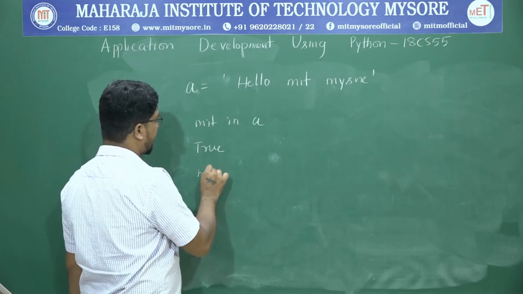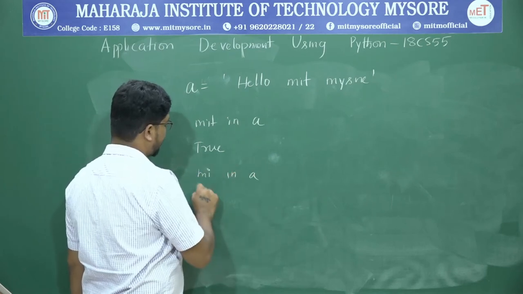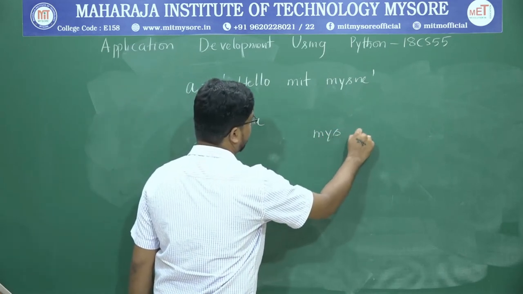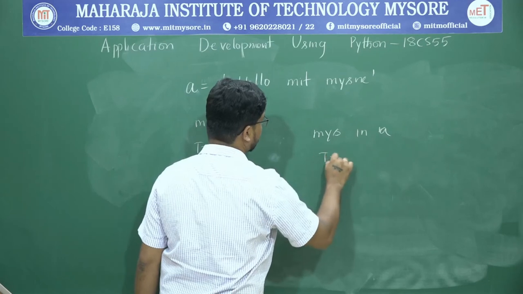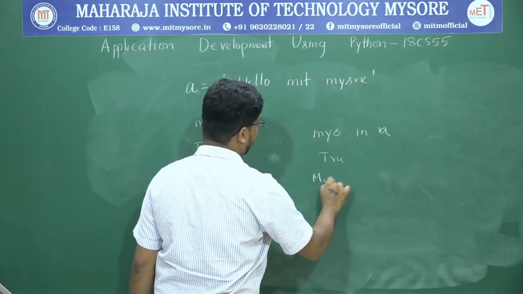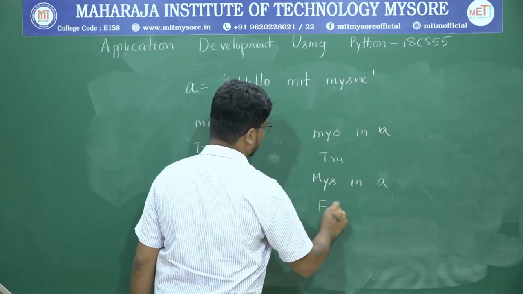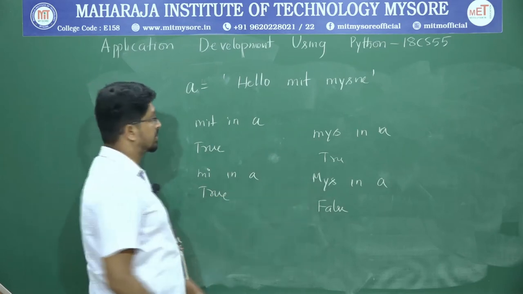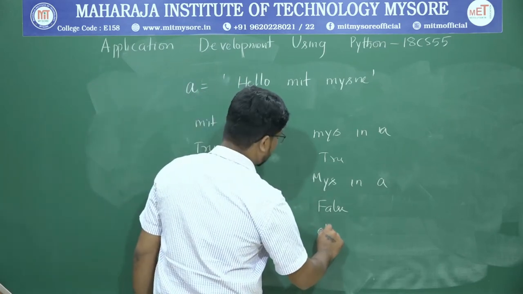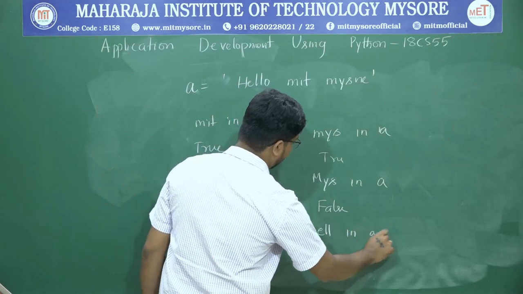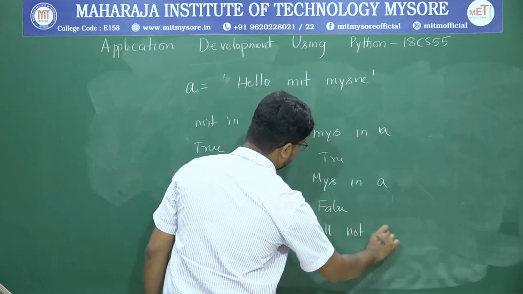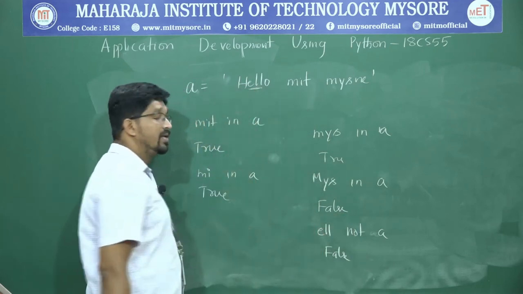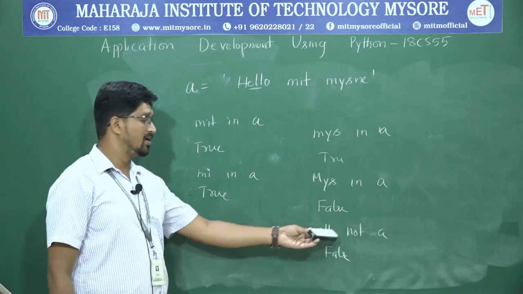If I say MIT in A, then you will get true or false. True. If I say MI in A, again you will get true because MI is present. If you say MYS in A, you will get true. If you say capital MYS in A, you will get false because capital letter M, small letters YS is not present. So if you say ELL in A or not in A, which is false because ELL is present inside A, the substring ELL is present.